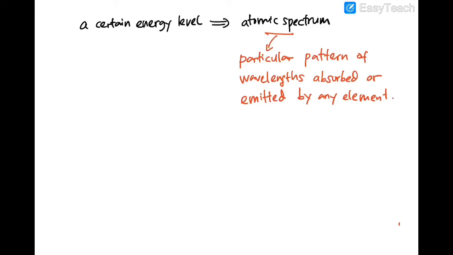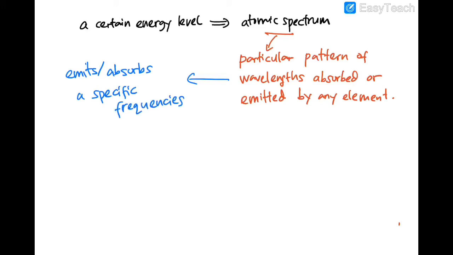Based on the experiment using light with a certain wavelength to be absorbed or emitted by elements, they found that any excited atoms of any particular element will only emit or absorb specific frequencies.